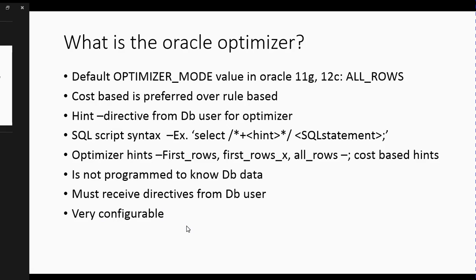By that I mean there are a number of settings you can set for the optimizer, and you can modify it for optimal performance, even going beyond optimal performance, because the optimizer gives you a lot of latitude in terms of how you want to query your data, and how effective you want the different actions inside the Oracle software to be.